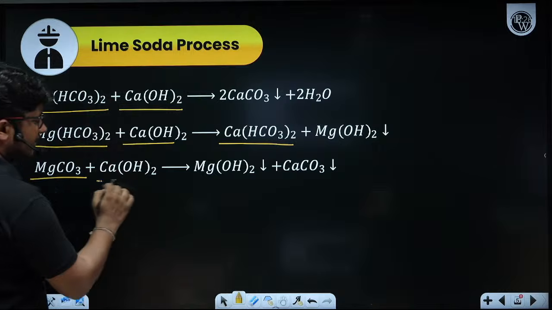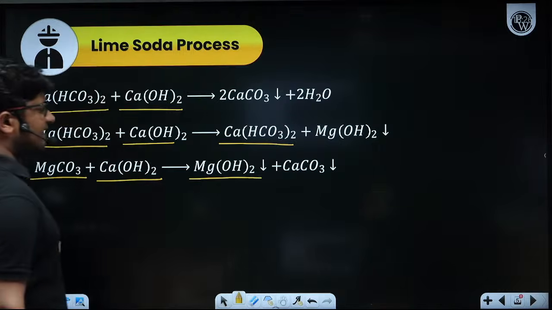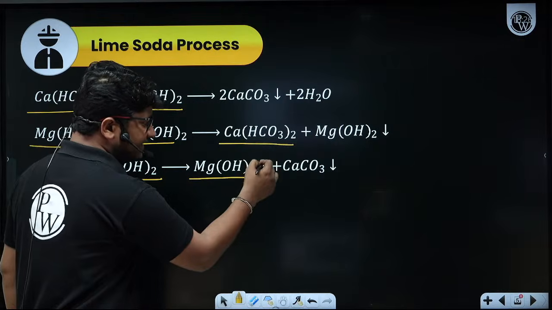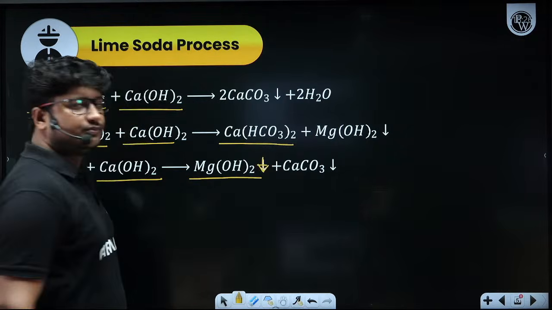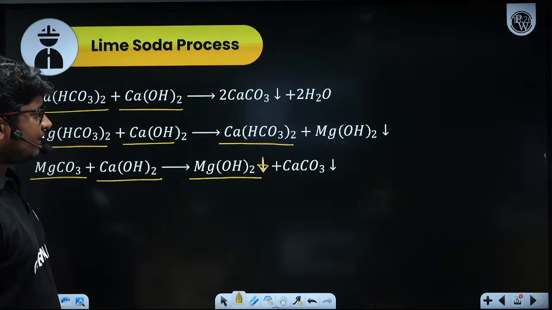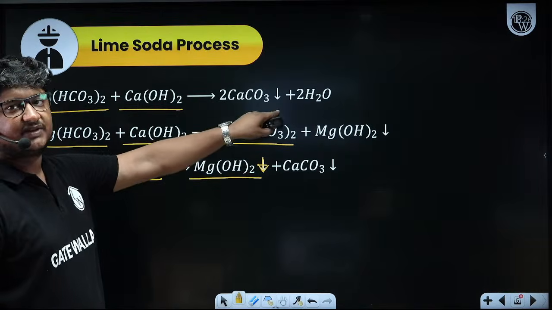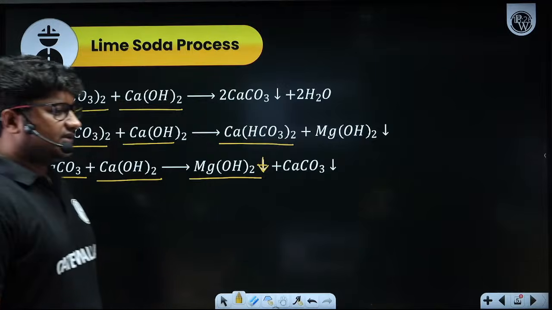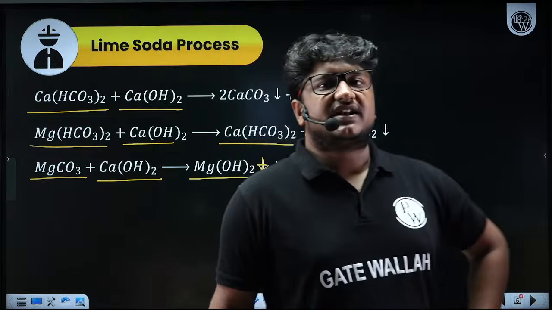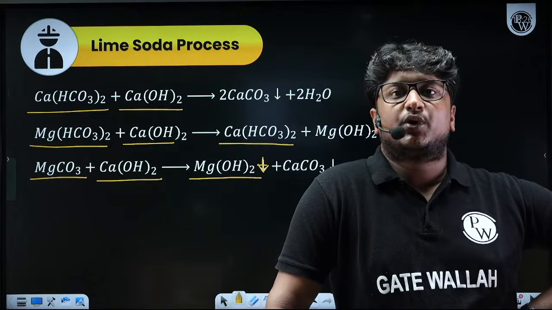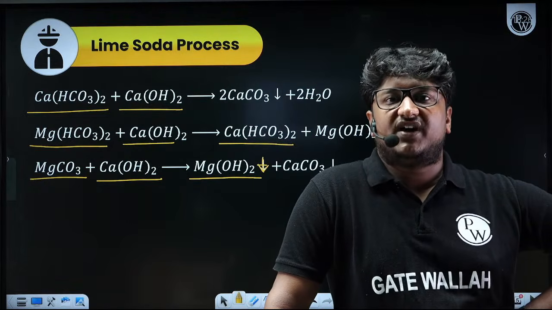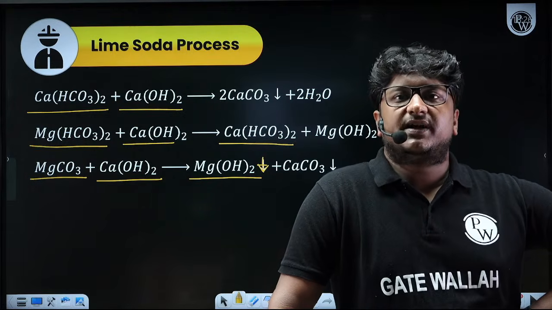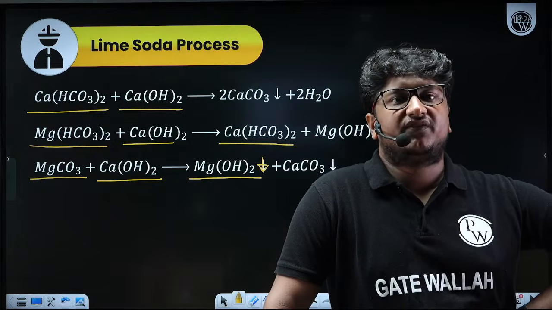Magnesium carbonate will react with hydrated lime to form Mg(OH)2, which is again a precipitate. For a precipitate, I have shown a downward arrow, just to let you know that this is the precipitate which is going to be removed. So with the lime, you can see we are easily removing all types of temporary hardness, the carbonate hardness which we are talking about.